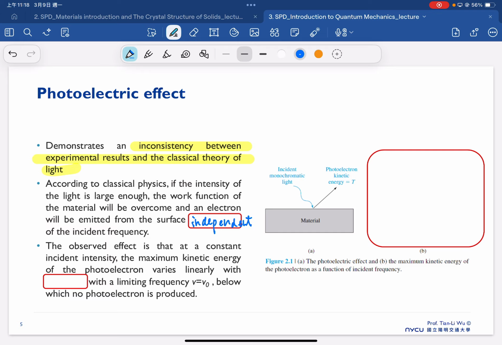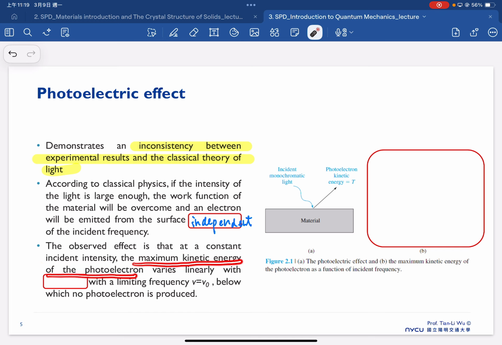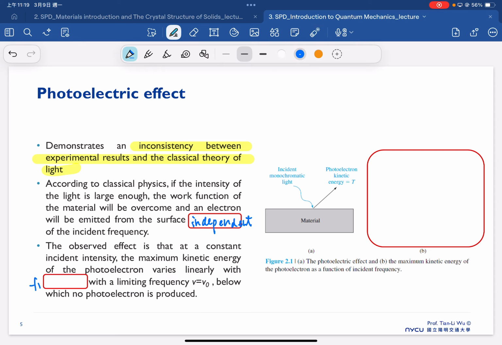But the observed effect is that at a constant incident intensity, the maximum kinetic energy of the photoelectrons varies linearly with frequency, with a limiting frequency ν equal to ν0, below which no photoelectron is produced.